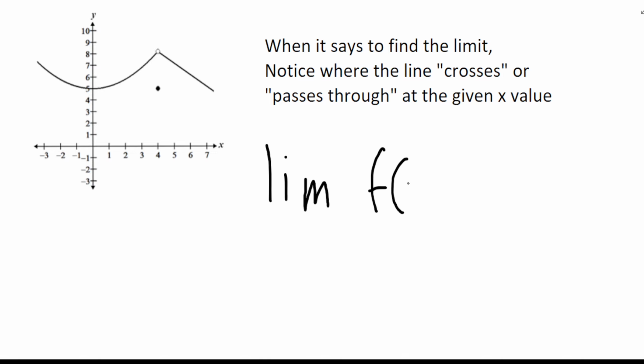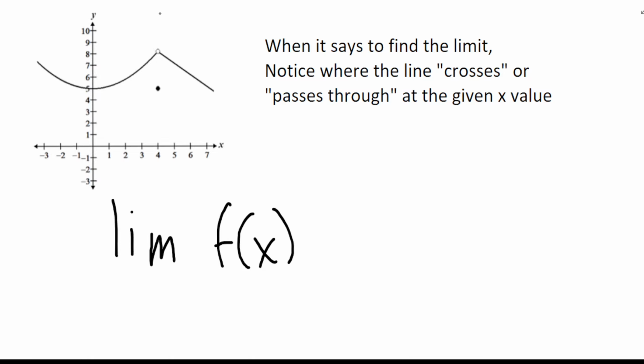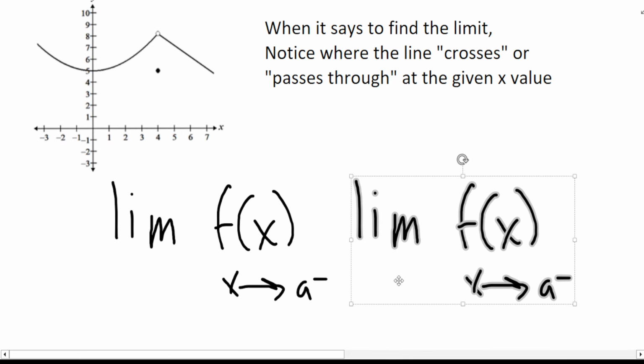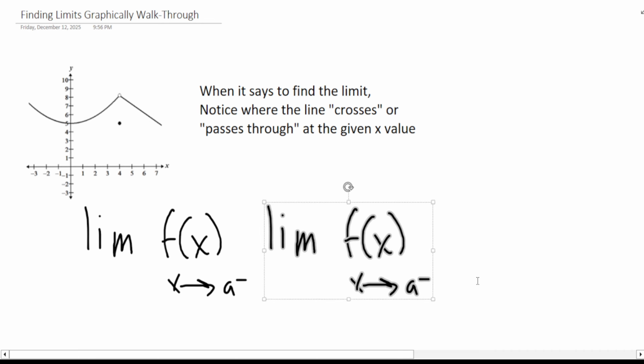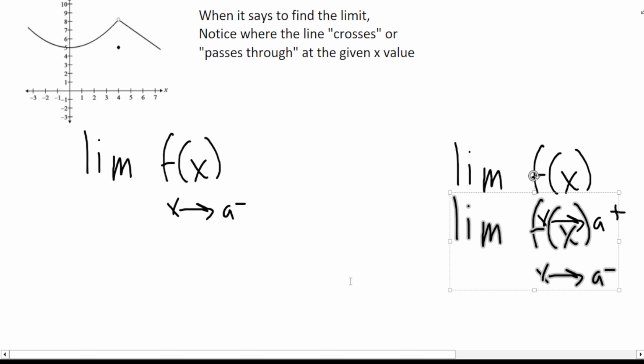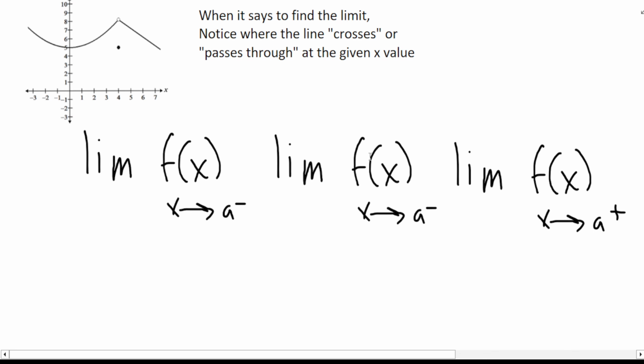They're going to give you the limit of some sort of function, but they're going to give you three options. They will give you the limit of f of x as x approaches a minus, the limit of f of x as x approaches a positive, and then we're also going to have the limit of f of x as x approaches a.